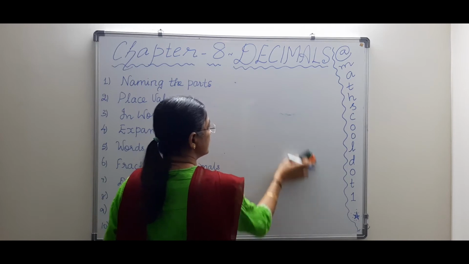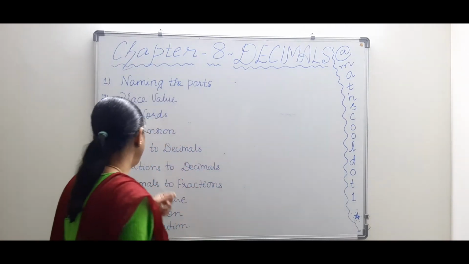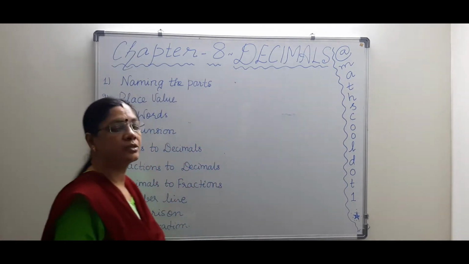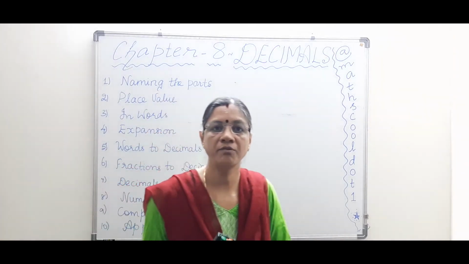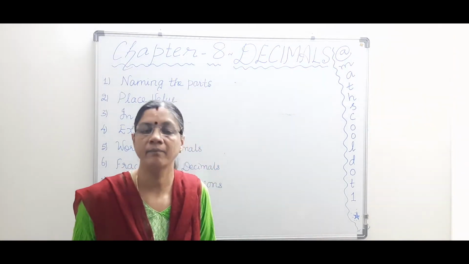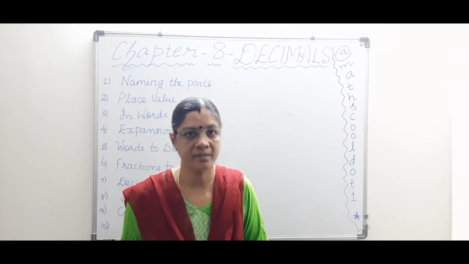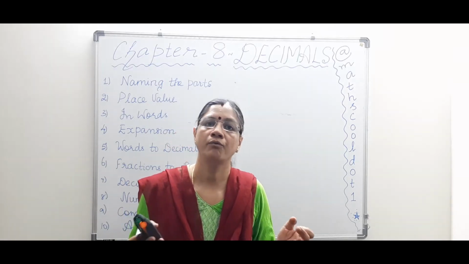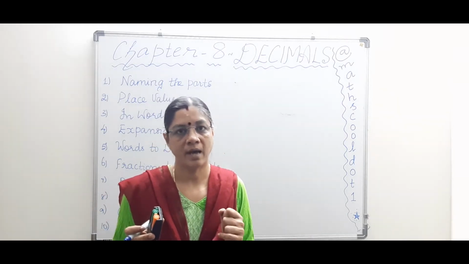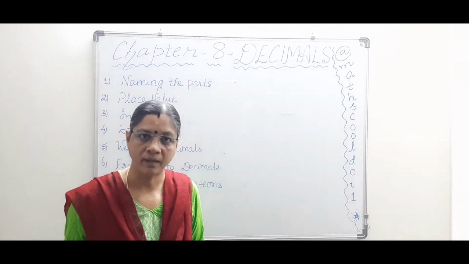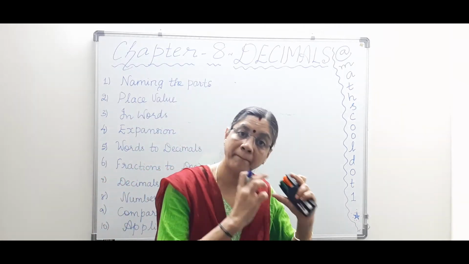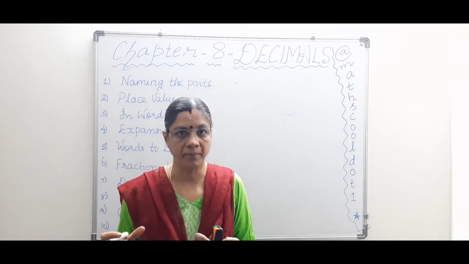Now we saw words to decimals too, and now fractions to decimals. So let us move on to the first point which I said, fractions can be represented as decimals. So how fractions can be represented as decimals? Fractions are nothing but parts of a whole number, isn't it?